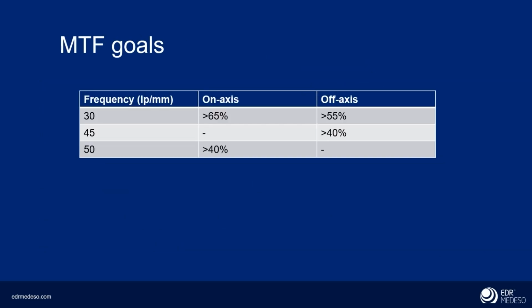Now we want to optimize the design for the following MTF, or modulation transfer function, goals rather than the spot size this time. Because this is a camera application and the image is formed on a detector, we're using MTF as this quantifies the image quality in terms of resolution.